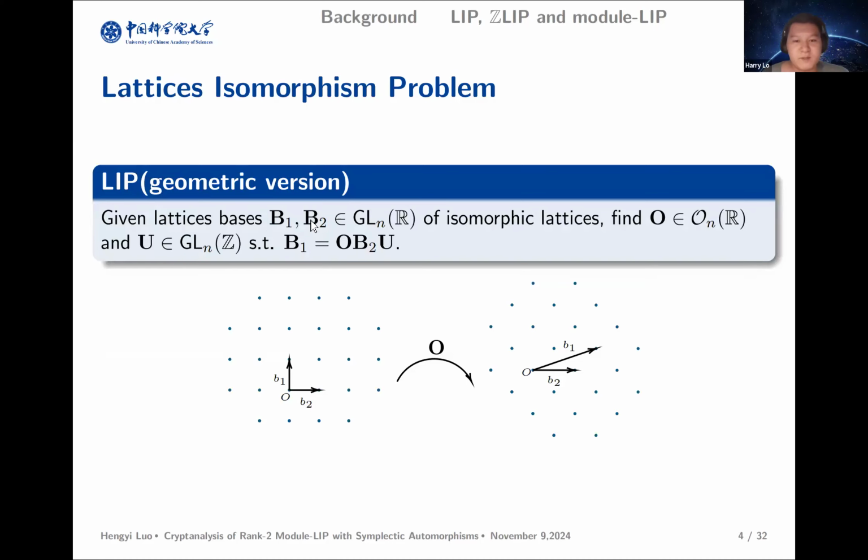To explain briefly, the lattice isomorphism problem involves two lattice bases, B sub 1 and B sub 2, of isomorphic lattices.